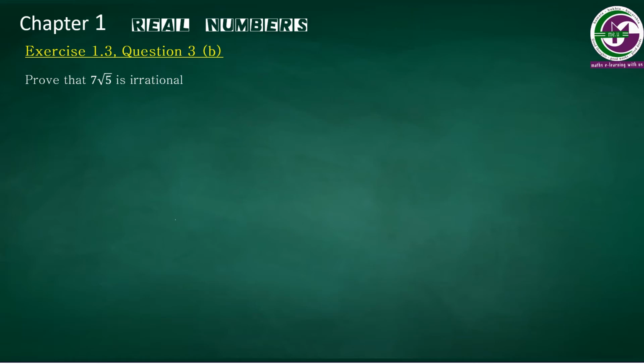Now the second sub question, that is B of question number 3. Prove that 7 root 5 is irrational. In the same way, we will start with the contrary, that 7 root 5 is rational. Assume that 7 root 5 is rational.